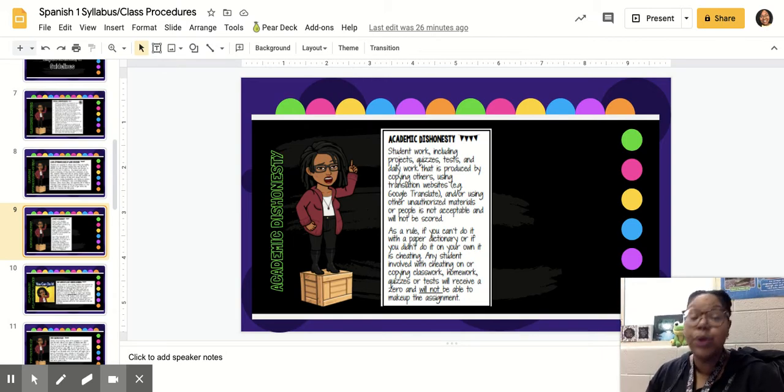Keep this in mind. It will not be scored. If you hand in work that is obviously not done by a Spanish 1 student, it will not be scored, okay? As a rule, if you can't do it with a paper dictionary or if you didn't do it on your own, it is cheating, okay?